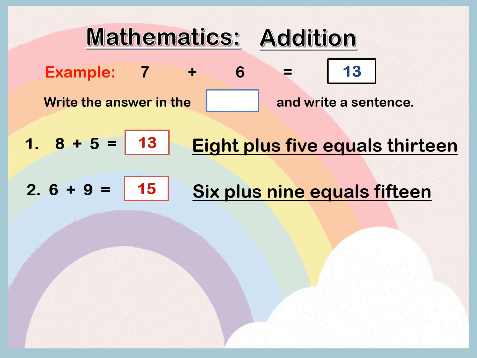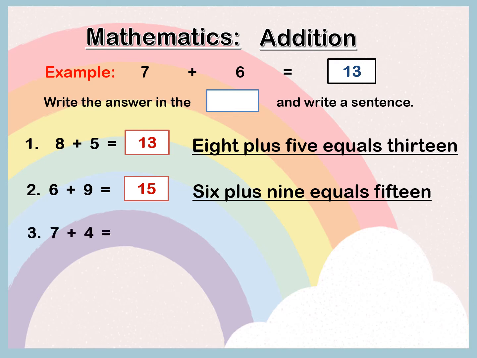Did you get it right? Okay, so write number 2 and write the equation 6 plus 9 equals 15. And write or make a sentence. Now, let's proceed to number 3.